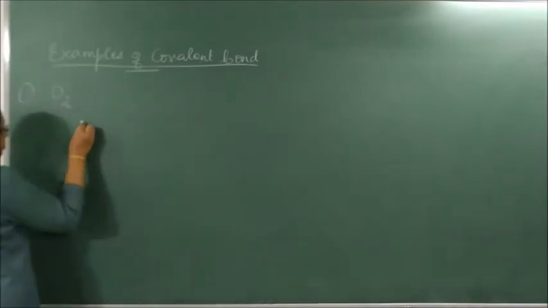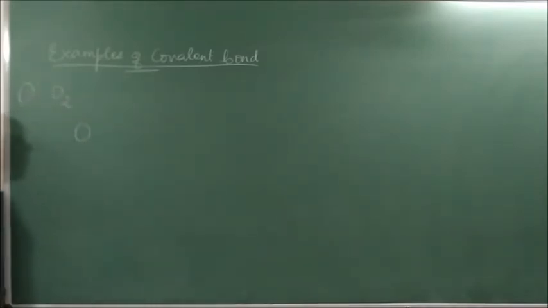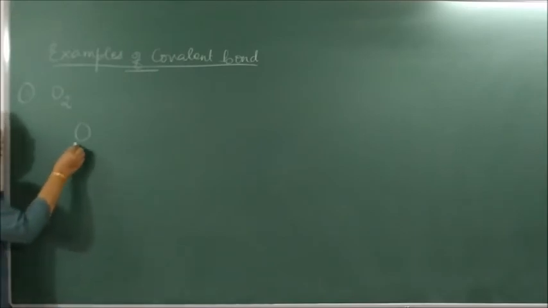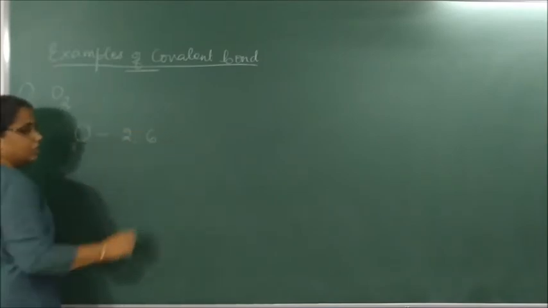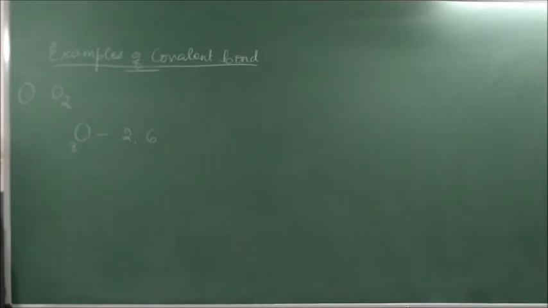Oxygen, atomic number is 8. So its configuration is what? 2, 6. Now it is present in 16th group, second period. So it is 2 and 6. How many electrons in its outermost shell? 6.